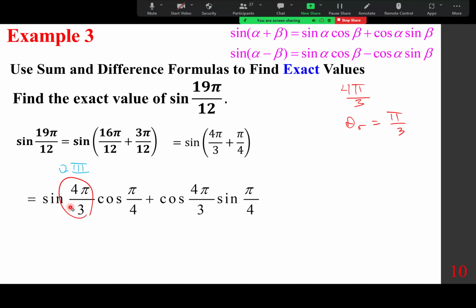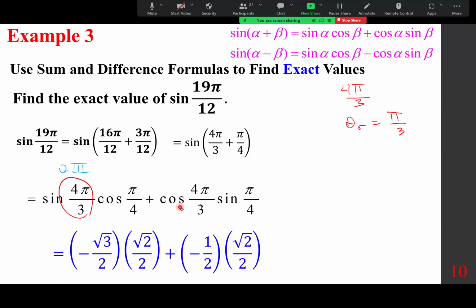In quadrant 3, sine is negative. So sine of 4 pi over 3 is negative square root of 3 over 2. This is square root of 2 over 2, this square root of 2 over 2. Cosine is also negative. In the third quadrant, both sine and cosine are negative. So pi over 3, cosine is 1/2. Cosine of 4 pi over 3 is negative 1/2. So that has got to do with understanding the reference arc and the quadrant.